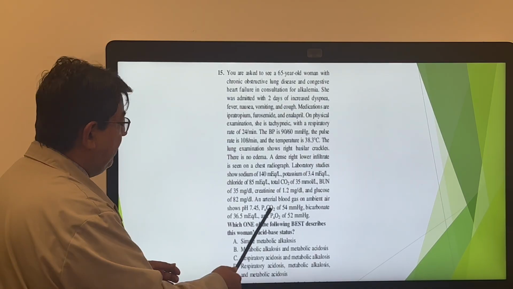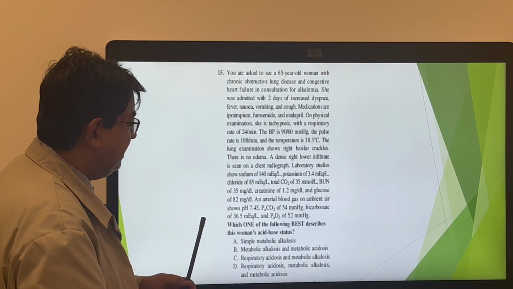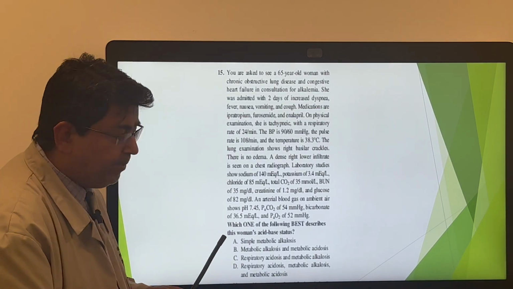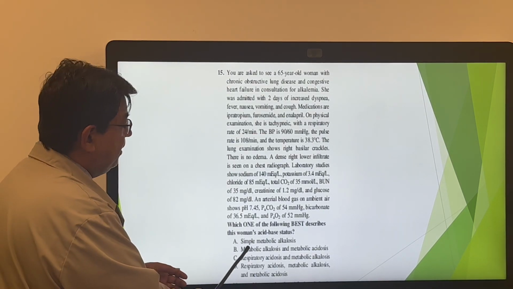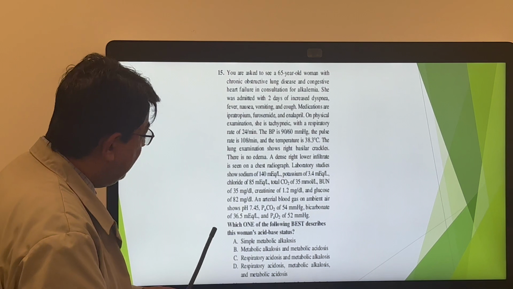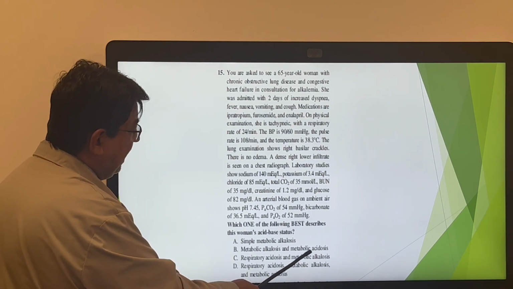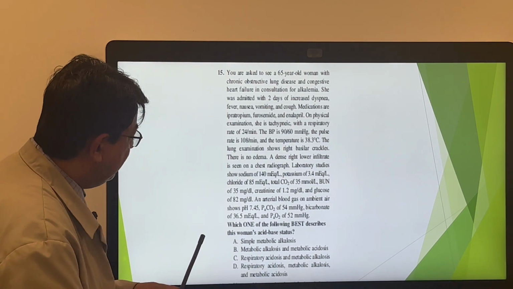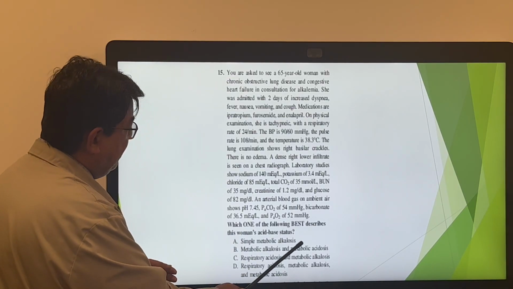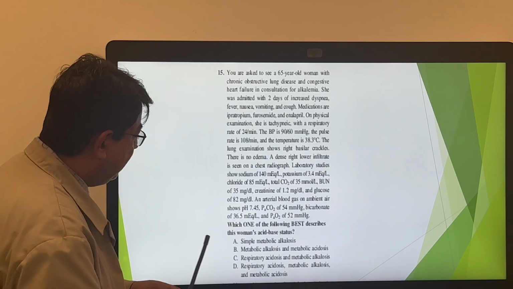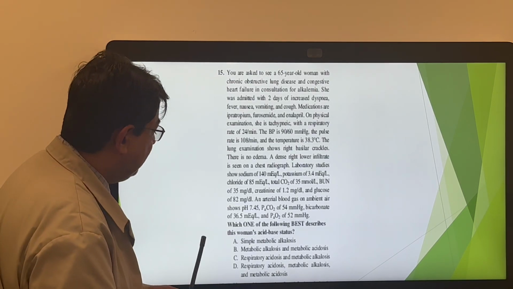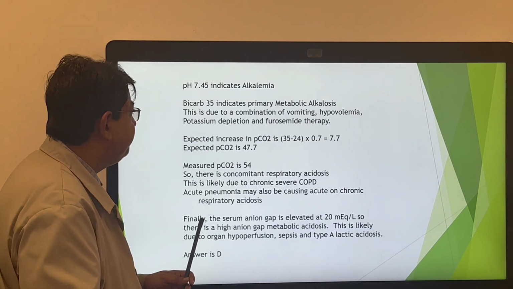Which one of the following best describes this woman's acid-base status? So I'll let you think about it. Is it a simple metabolic alkalosis? Is it metabolic alkalosis and metabolic acidosis? Is it respiratory acidosis and metabolic alkalosis? Or is it respiratory acidosis, metabolic alkalosis, and metabolic acidosis? Next slide.